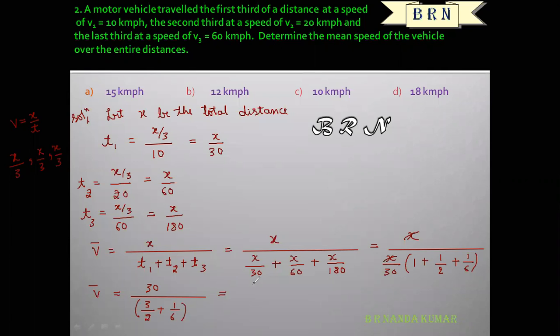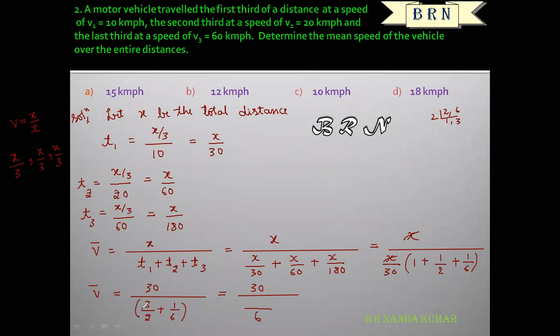So 30 divided by, what is the LCM of 2 and 6? 6 is the LCM, right?